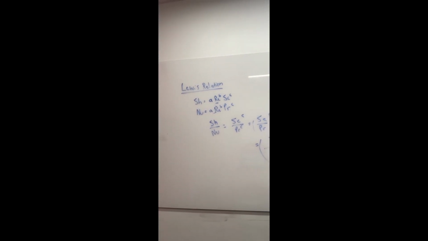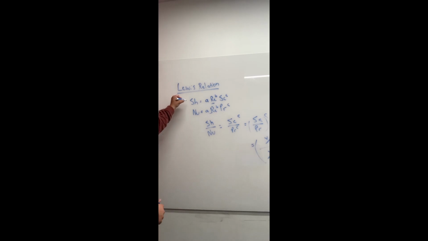So I guess we got some space over here, so we can define these two terms. Sherwood's number is equal to k_c D over D_AB.